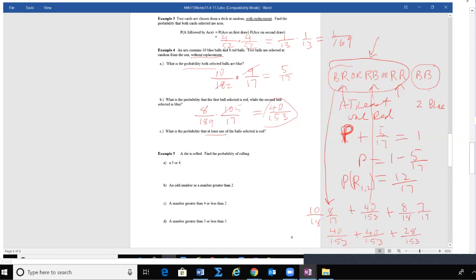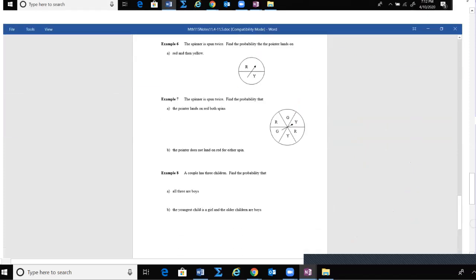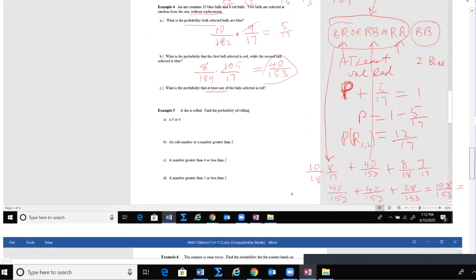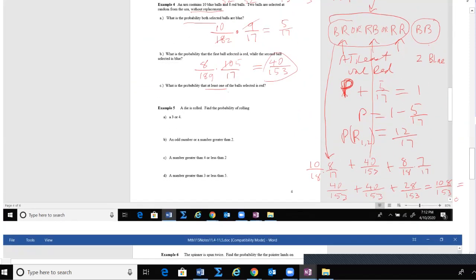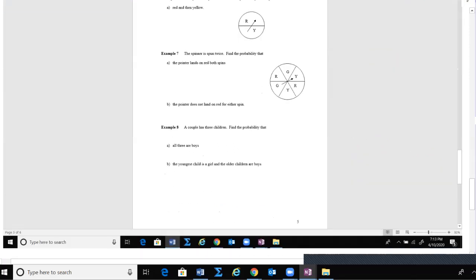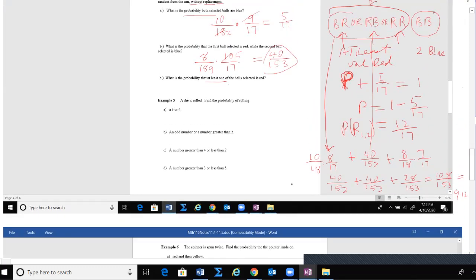And that equals 108 over 153, which is 9 times 12 over 9 times 17.